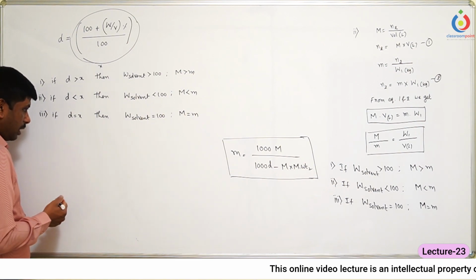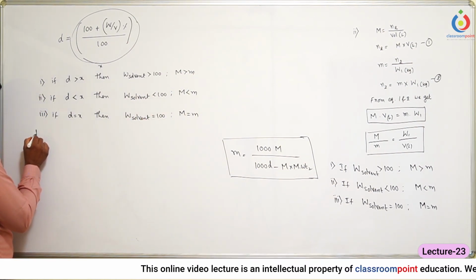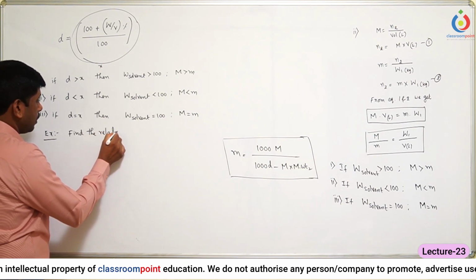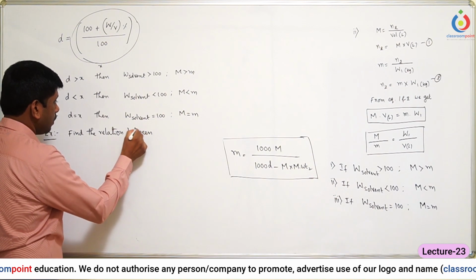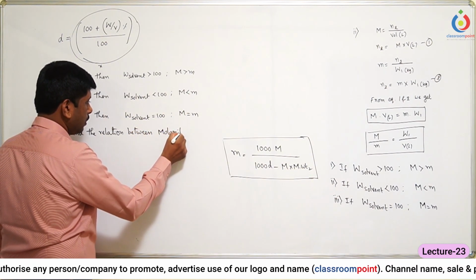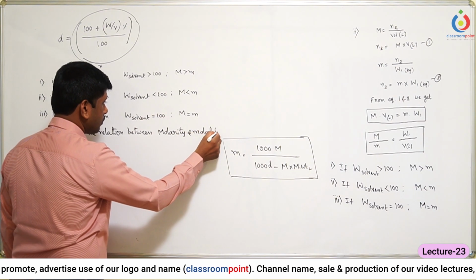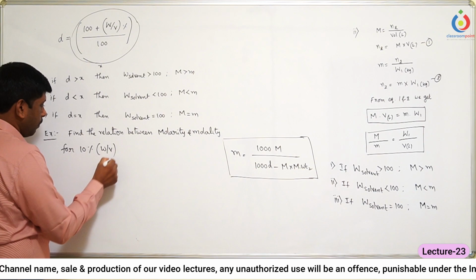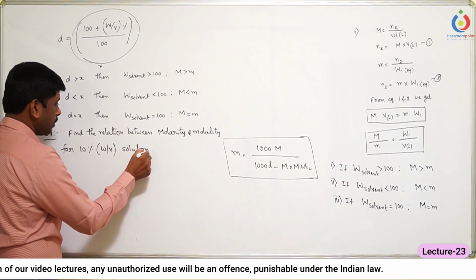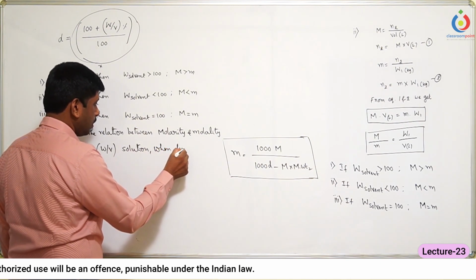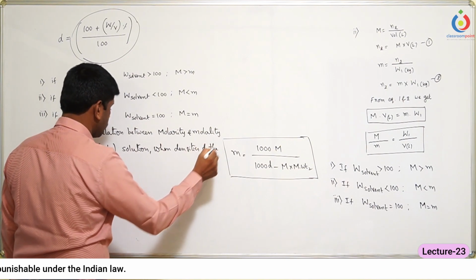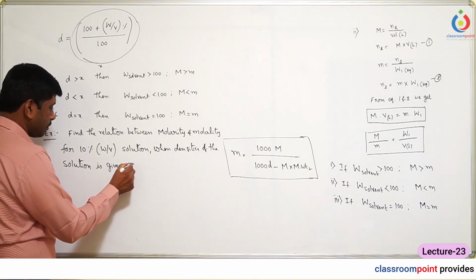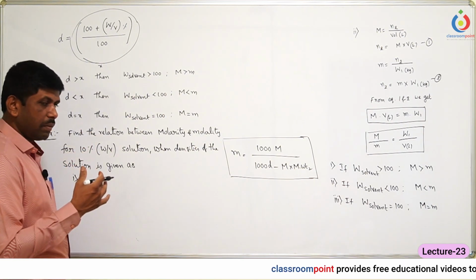Let us take one question so that we can understand this terminology very easily. The example question here is: find the relation between molarity and molality for a 10% weight by volume solution when the densities of the solution are given. The densities of the same solution are given at different conditions.